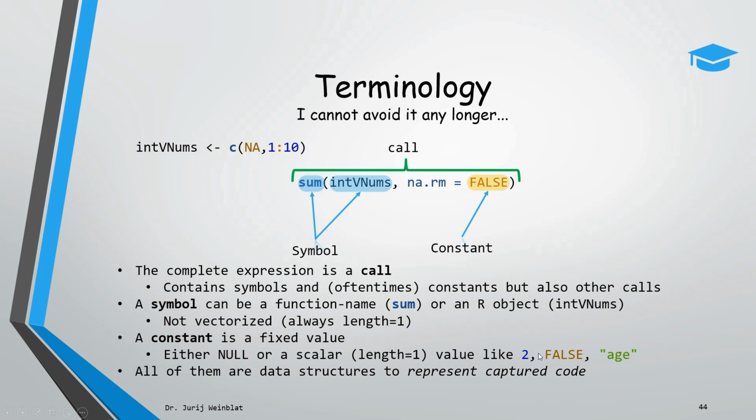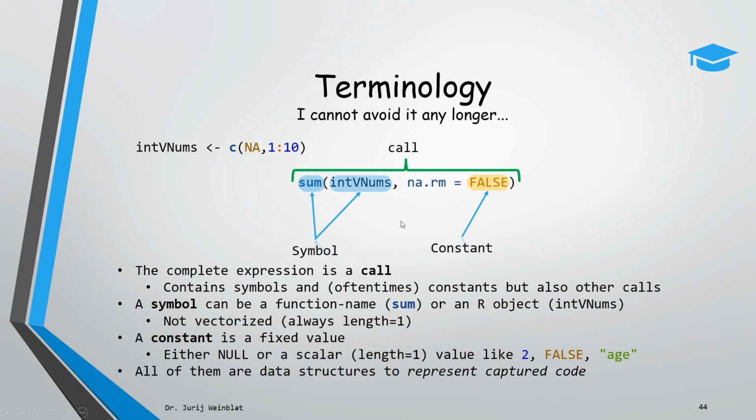Here it's FALSE or it's a 2, but you have to follow a reference in order to find out the value of int_nums. So it's not final, you still have to look inside, and you also have to look inside your memory in order to find the definition of this function. So it's not a constant, it's rather a reference to something.